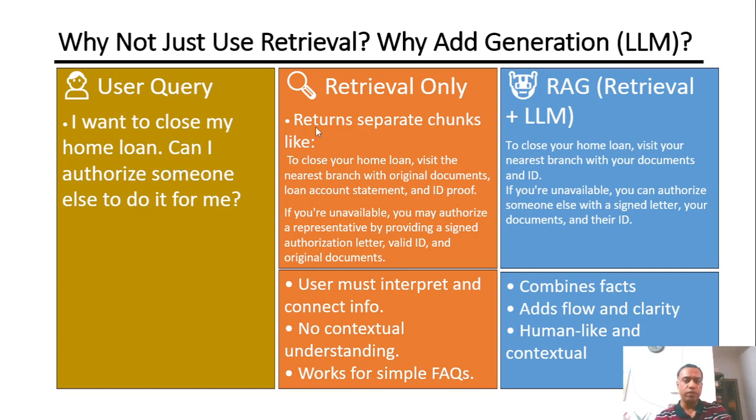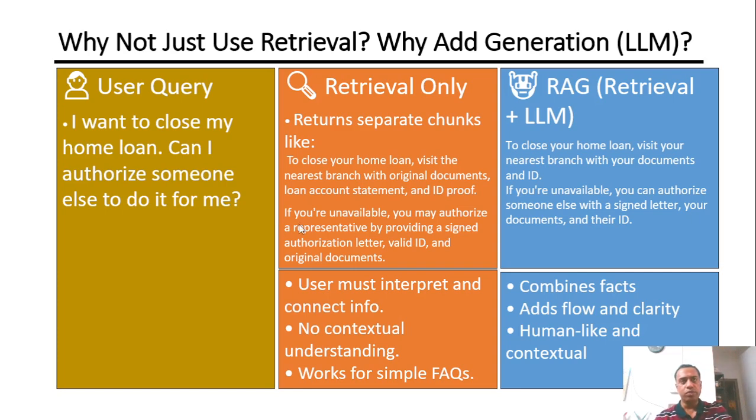If it's a retrieve-only phase, you have chunks retrieved from the vector database, and you will have two sets of information, which look like this. To close your home loan, visit the nearest branch with original documents, loan account statement, and ID proof. Then you have the other chunk, which would say, if you are unavailable, you may authorize a representative by providing a signed authorization letter, valid ID, and original documents.